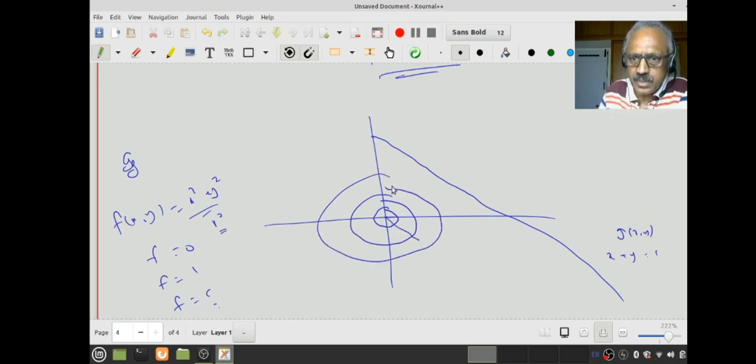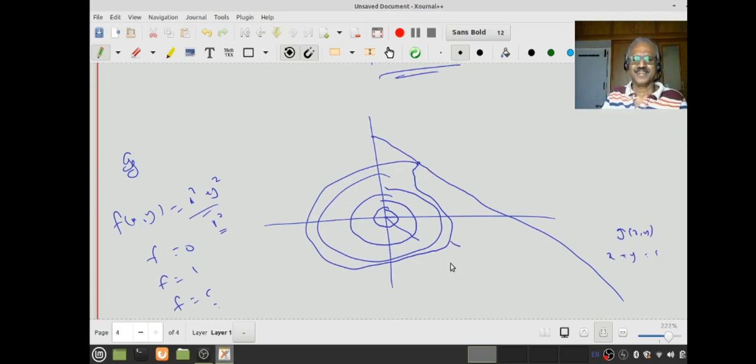Now what you will see is something very interesting. This doesn't look like a circle, but you will see this is the circle. This circle has a tangential contact at that point, I hope this is the correct one.